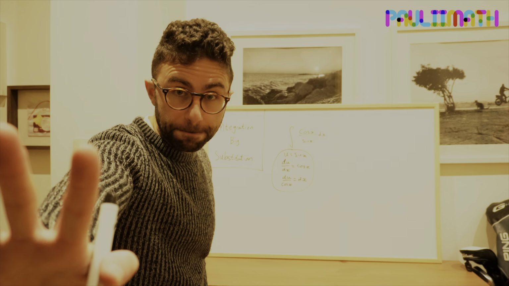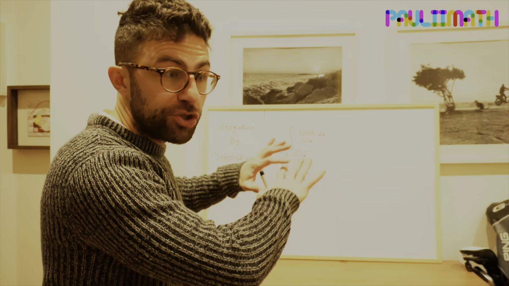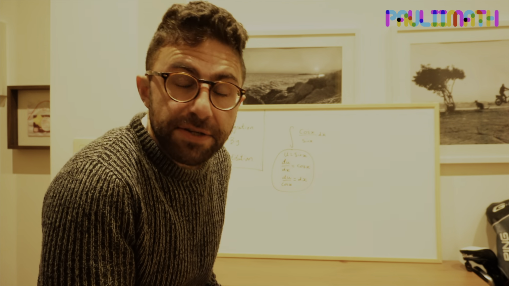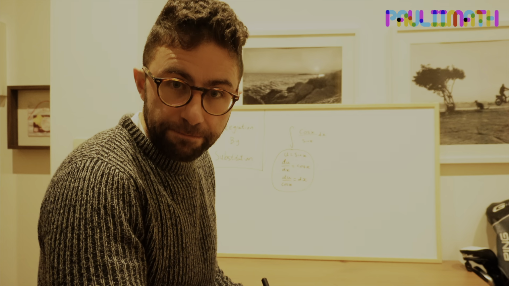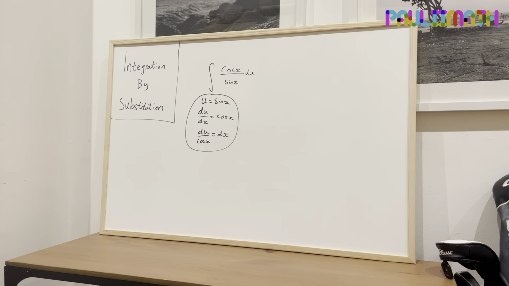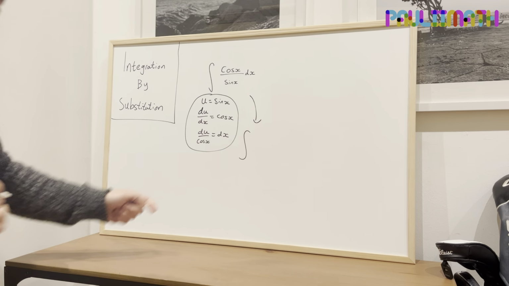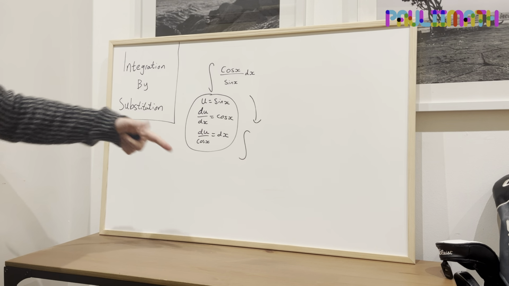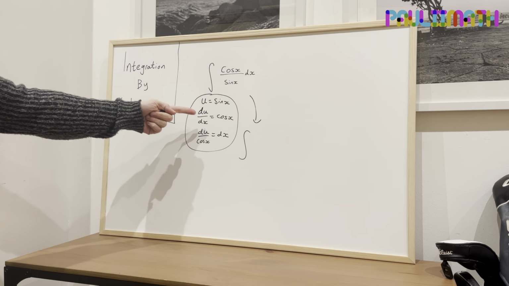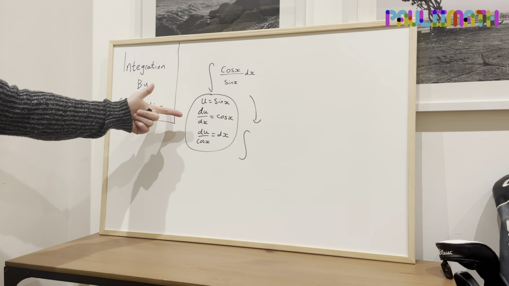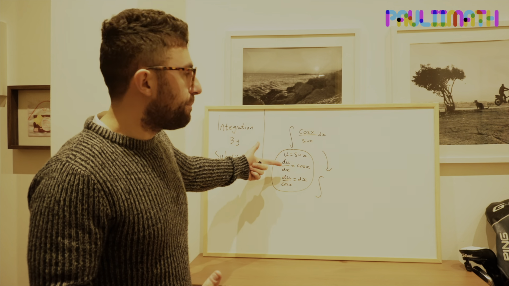The goal is to change all the x's into u's. Let's see if we can do it. Cos x, we don't have anything for that. We've got du by dx. I'm not going to put that part of it in, okay?